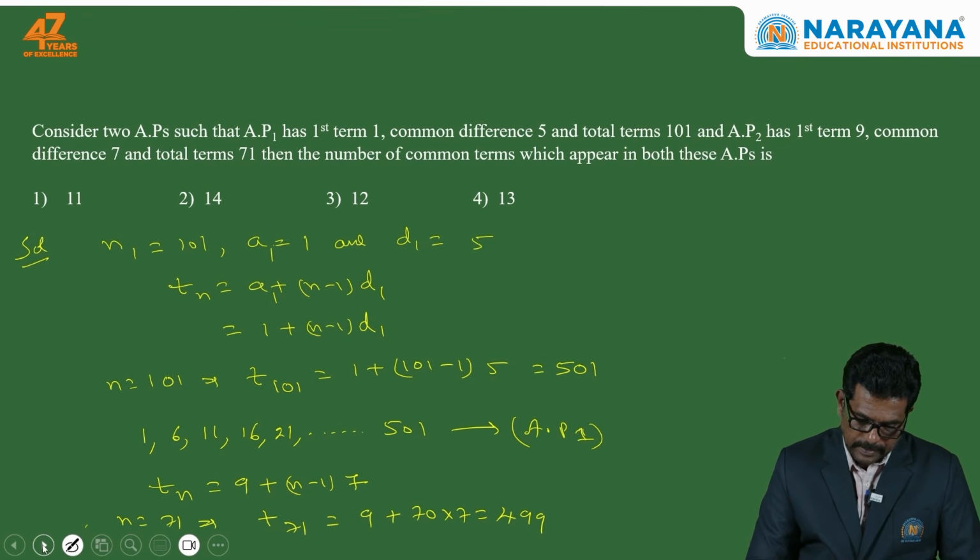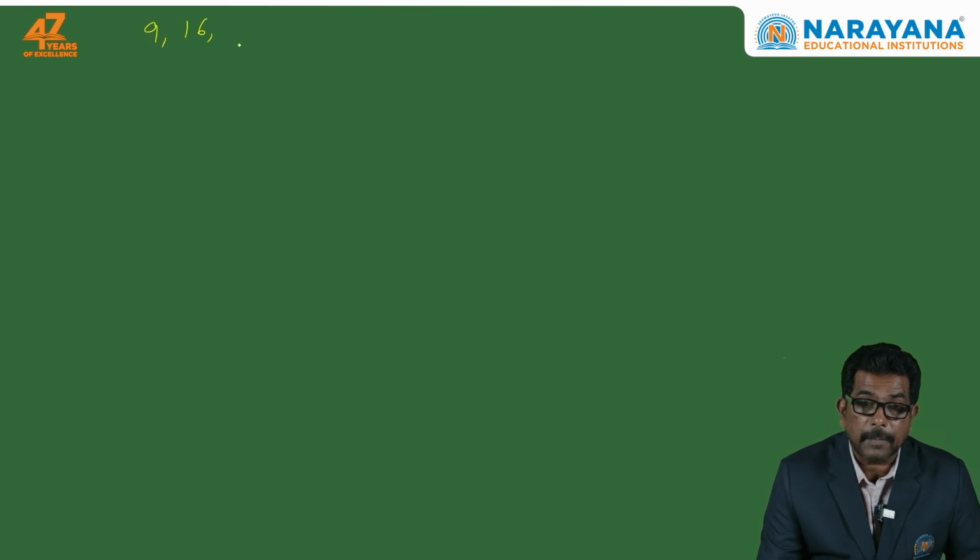The sequence becomes: the first term is 9, common difference 7, so 16, 23, 30, and so on. The last term is 499. This is AP2, the second AP.